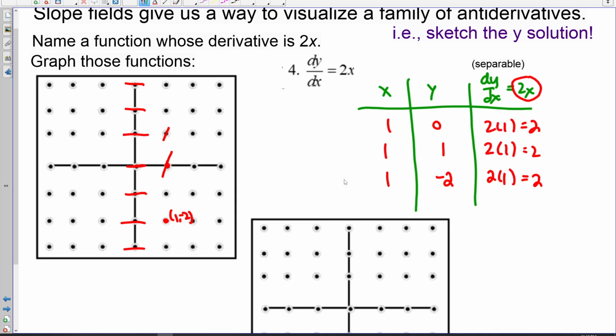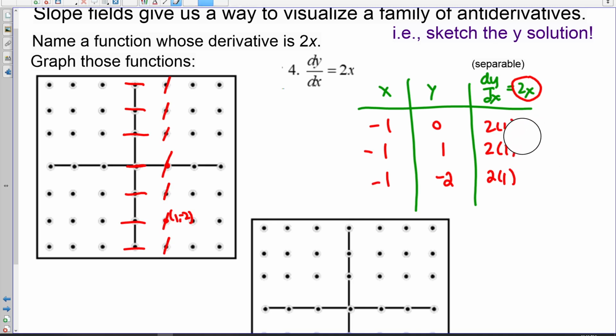So for every x value of 1, you're always going to have a slope field of 2. What if my x value were negative 1?